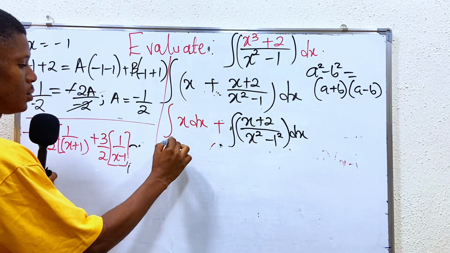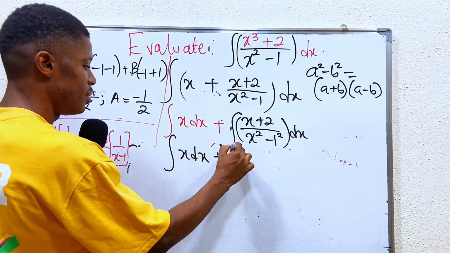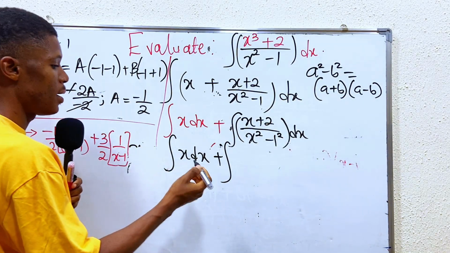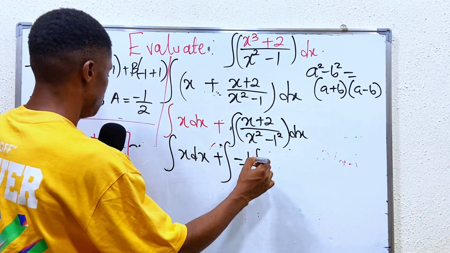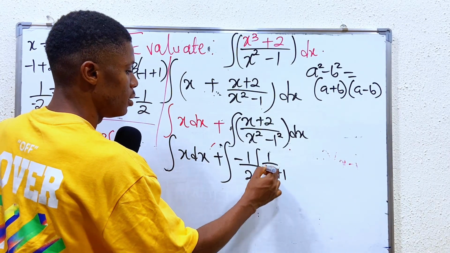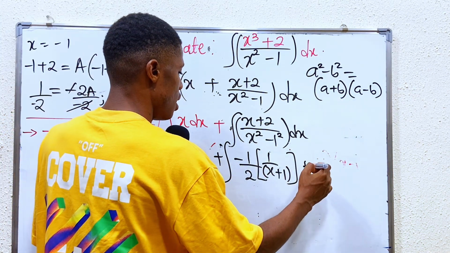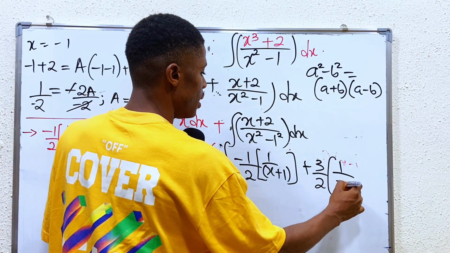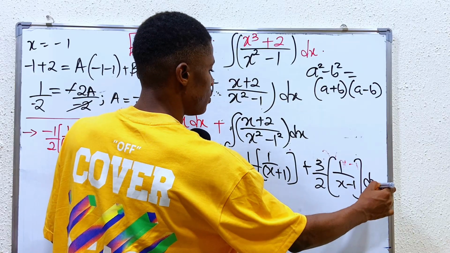Integral. That means we are having the integral of x with respect to x, then plus the integral of this whole stuff. This whole stuff is now minus 1 over 2 into 1 over x plus 1, then plus 3 over 2 into 1 over x minus 1, with respect to x.